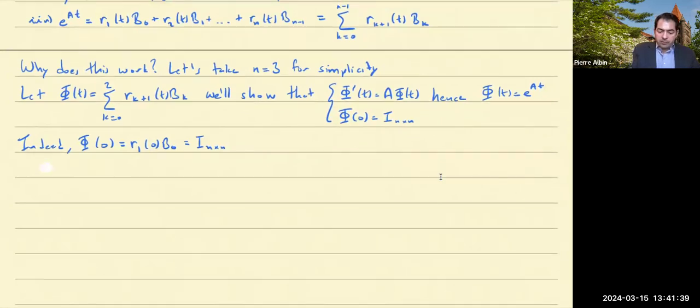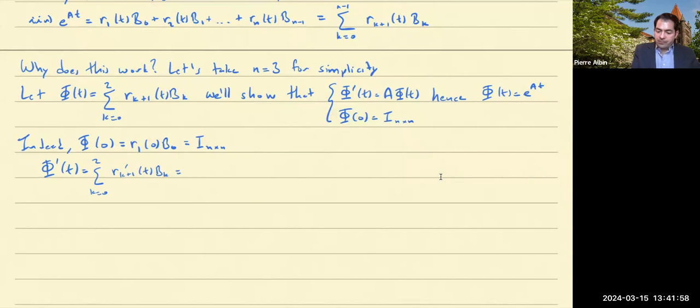Next, let's compute the derivative. So the derivative in sigma notation would just be the sum, k goes from 0 to 2, of r_{k+1} prime of t times B_k, right?